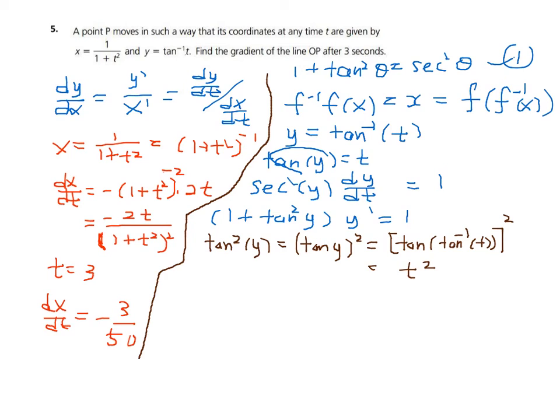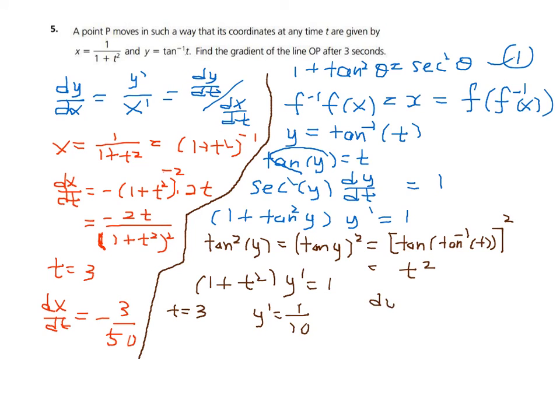So really, when you substitute tangent squared y with t squared, you are really talking about 1 plus t squared, times y prime, equal to 1. This is from this equation, so we substitute the 1 into this one here. So when t equals 3, you will get y prime equals 1 over 10, just solving for it as the subject.